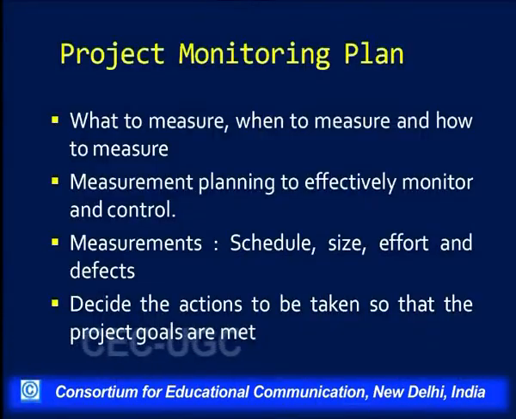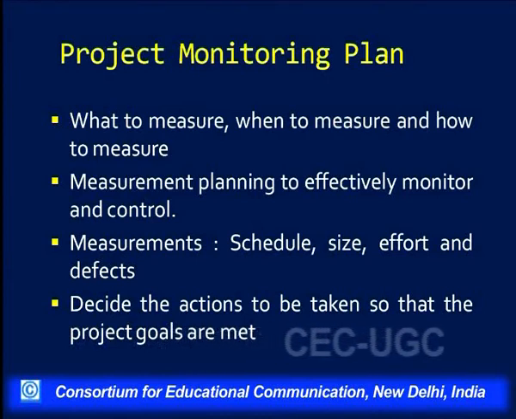The last phase of project planning is project monitoring planning. Here we decide how the measurement planning is to be done. We measure the schedule, the size, the effort and the defects in the system, and then a decision is taken so that the project goals are met.